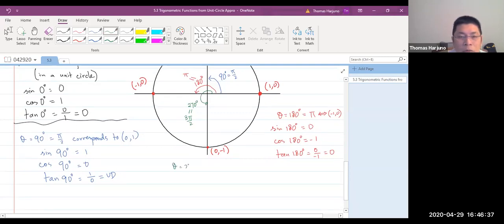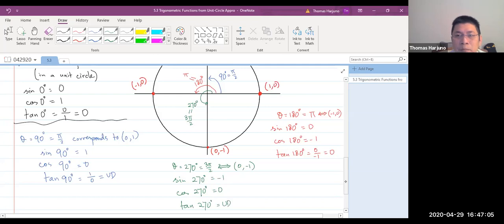Theta equals 270 degrees, which is 3 pi over 2, corresponds to coordinate (0, -1). So sine 270 degrees is negative 1. Cosine 270 degrees is 0. And tangent 270 degrees is undefined.